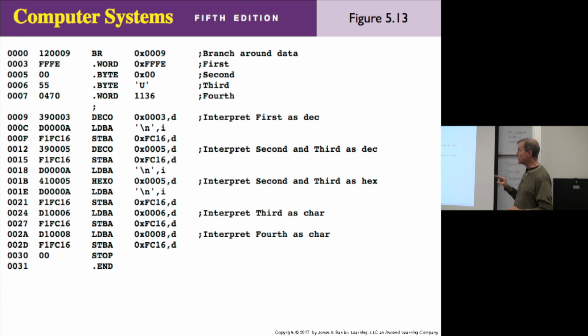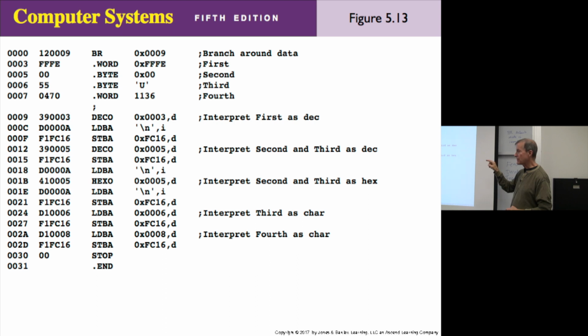So everybody see when you say .WORD 0xFFFE, that generated the FFFE? You see that in the object code column? And how many bytes does .BYTE always generate? 1. So did you see that .BYTE 0x00? That's 00. And how about the .BYTE capital U?